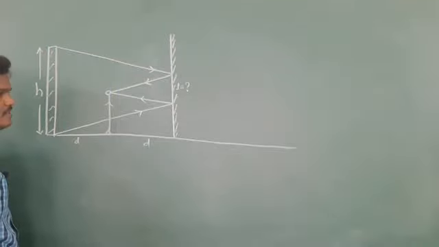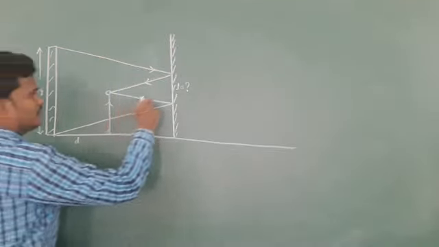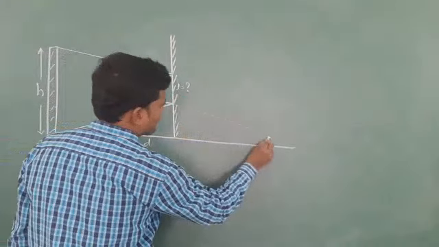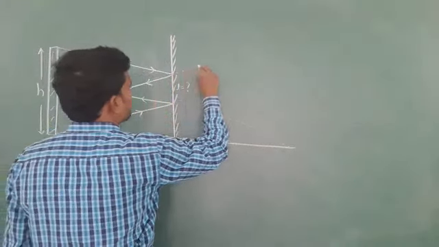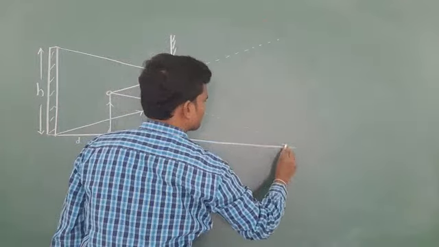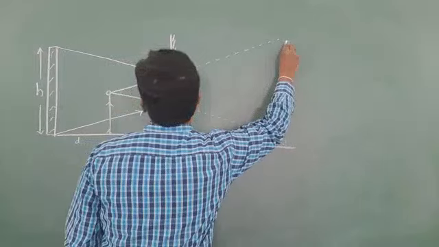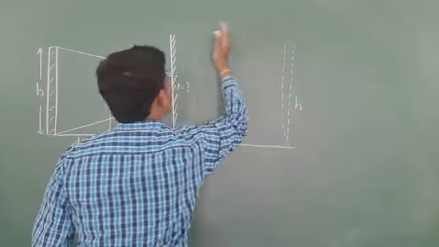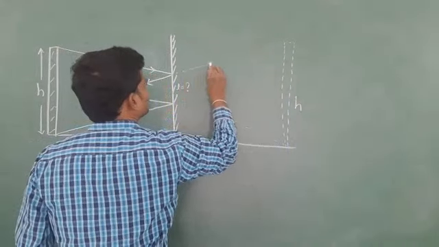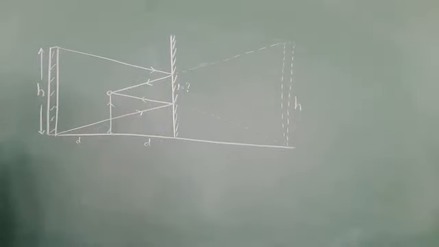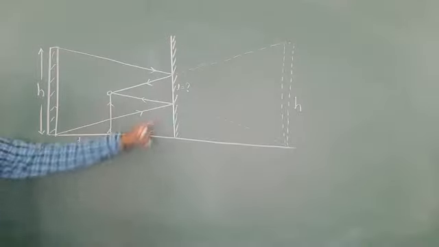Use the geometry. See, now if you extend these light rays, okay, extend properly. Now this is the wall. Again use the triangle system to get this L value.